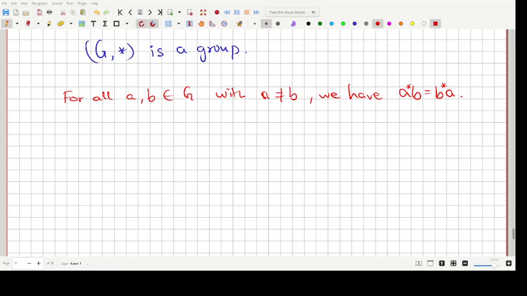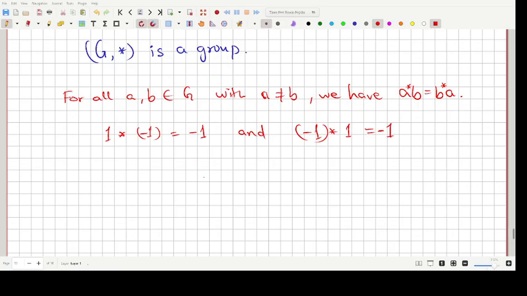Okay, let's look into this in a bit more explicit manner. So 1 star negative 1, right? This is equal to negative 1. And we also have negative 1 star 1, right? Negative 1 star 1 is basically negative 1 multiplied by 1 in the complex plane, right?